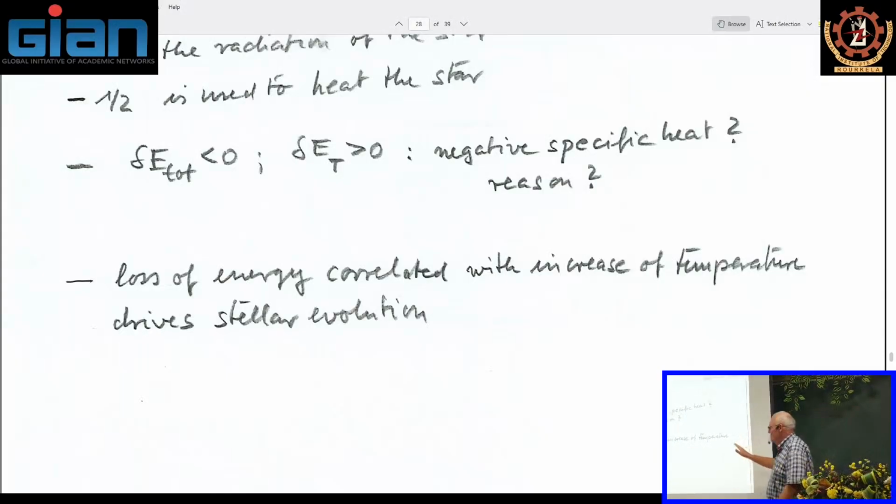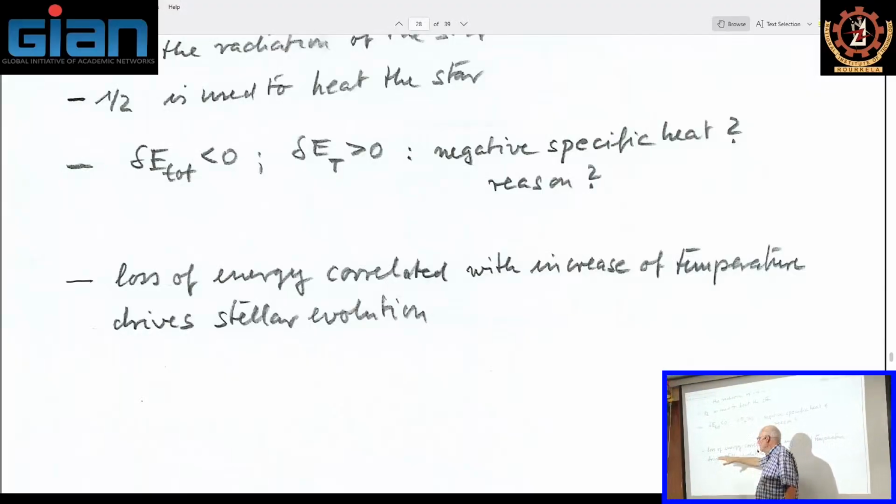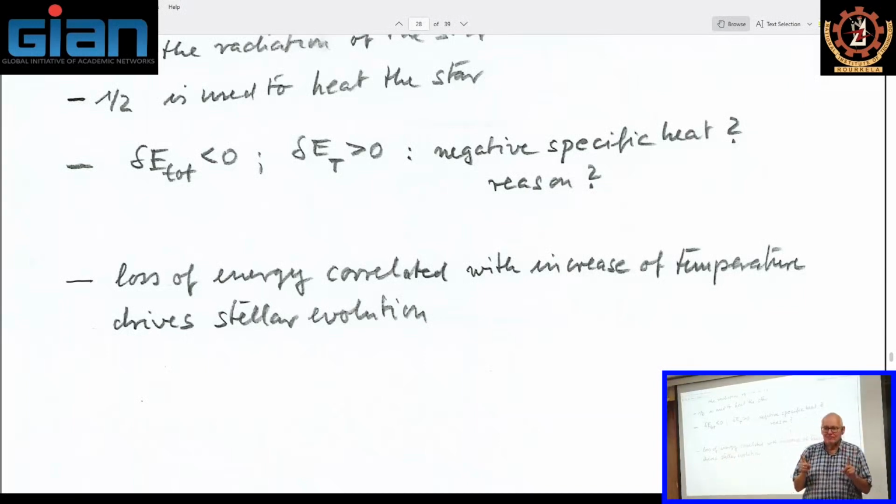This is the implication of the virial theorem: once the star loses energy and needs to lift from its gravitational energy, so it contracts and releases gravitational energy, then this will automatically lead to an increase of temperature.